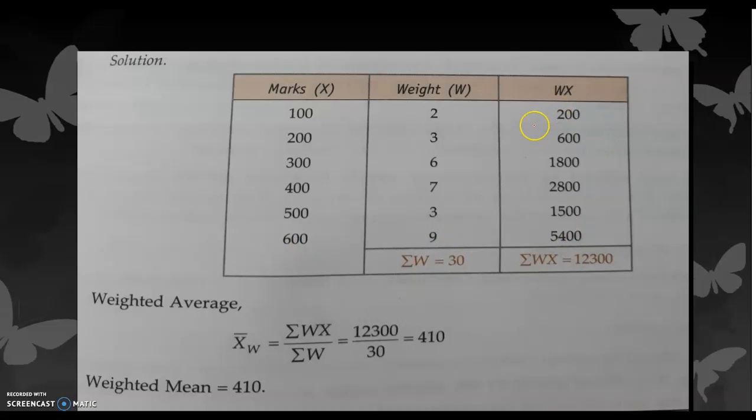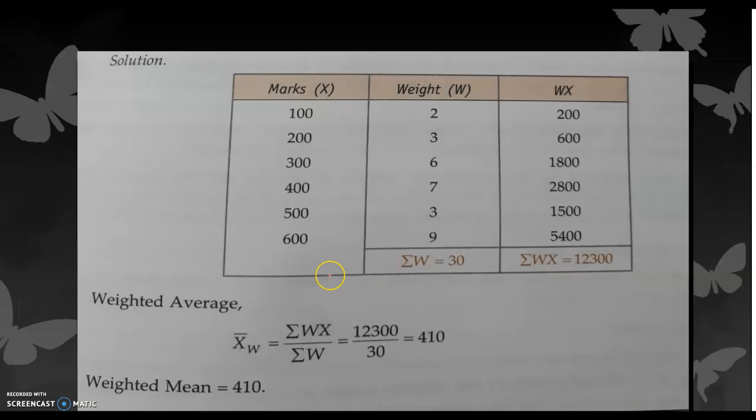Then add all these wx values. 200 plus 600 plus 1800 plus 2800 plus 1500 plus 5400, we get 12,300.